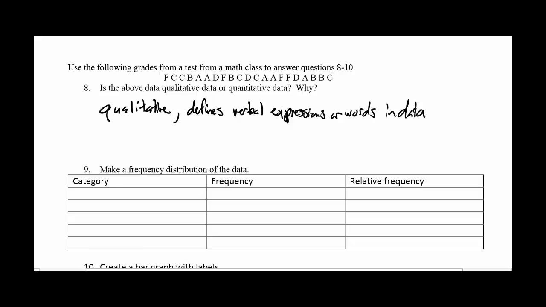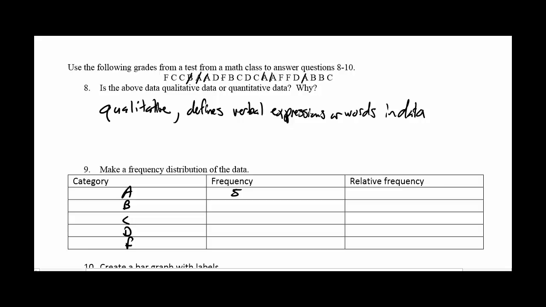All right, next task, number 9, is to make a frequency distribution of the data. So first we need to define what our categories would be. So A, B, C, D, and F. Then I need to physically go into my data and count things. So let me count, start with A. So 1, 2, 3, 4, 5. So I have 5 of those.